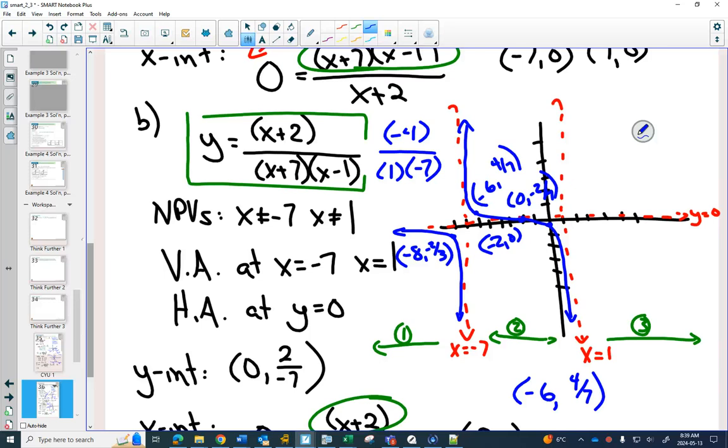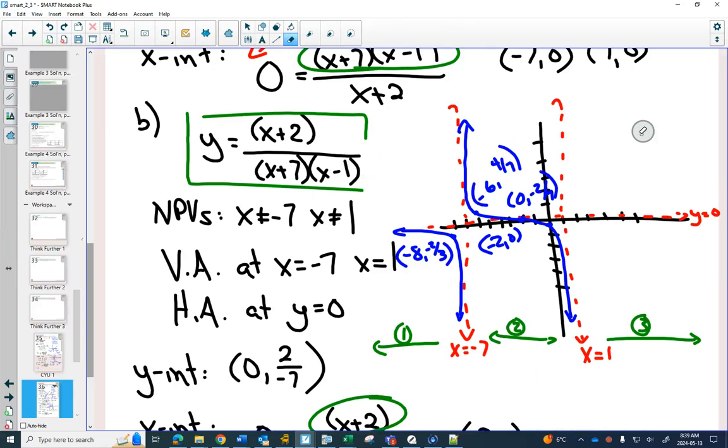And finally, in section 3, I need to pick a point in section 3. Since x is 1, I'd probably choose 2, 1 to the right. 2 plus 2 would be 4 on the top. 2 plus 7 is 9. 2 minus 1 is 1.